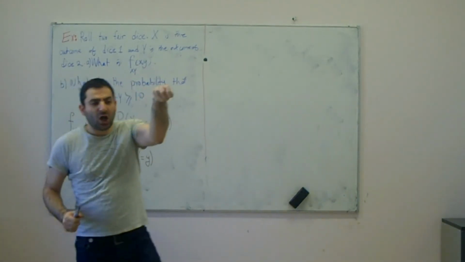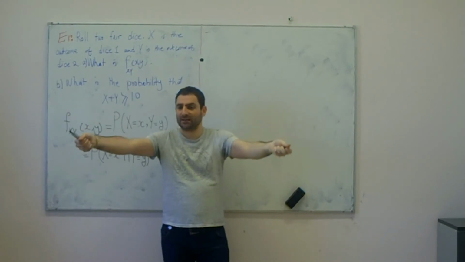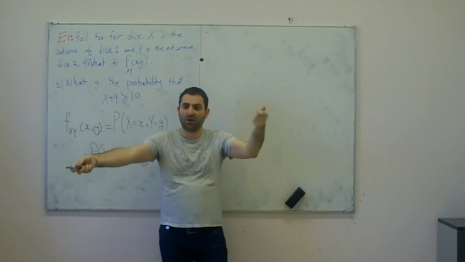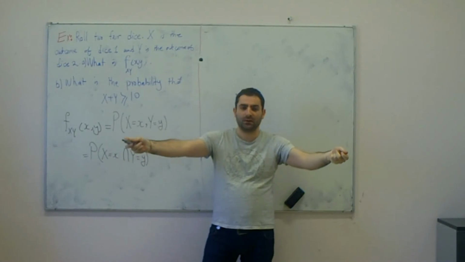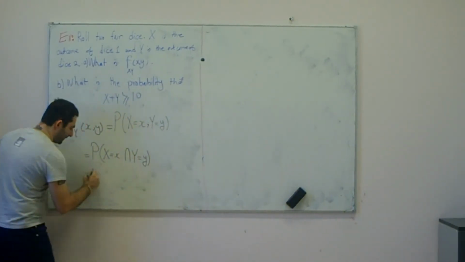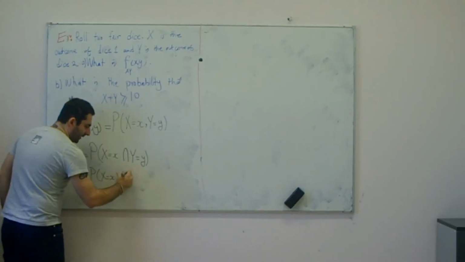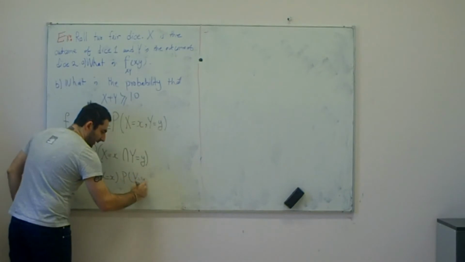Now, die 1 and die 2, can you tell me how correlated they are with respect to each other? How much do they depend on each other? They are independent from each other. So it means that this is the probability that X is equal to x multiplied by the probability that Y is equal to y.